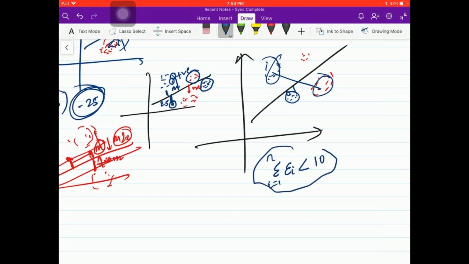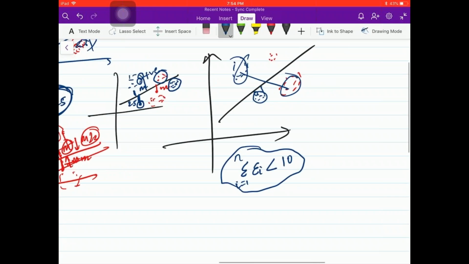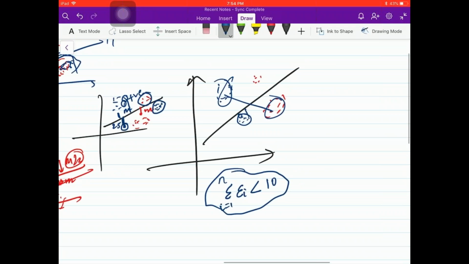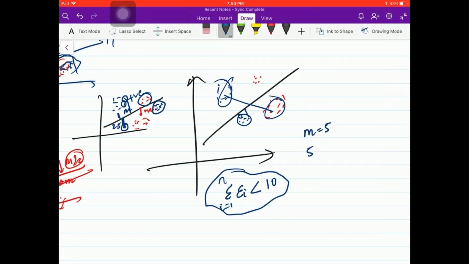Total error over all the data sets can be, let's say, less than 10. So if your m is equal to 5, so 5 times 1 minus 10, that is minus 45. So even a point which is on the wrong side of the line with a distance of 45 from the line can be taken into consideration.